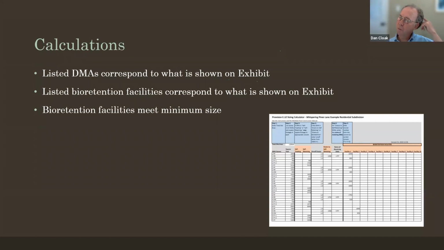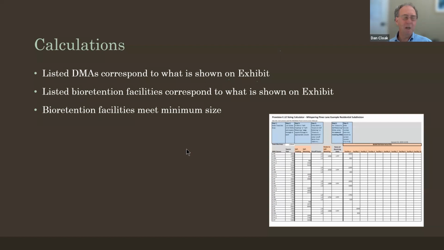And so one of the things that happens in stormwater control plans is, because of the process of iterative design and the way it's easy to edit something and not do a complete edit, sometimes what shows up on the exhibit and what shows up in the calculations don't match.